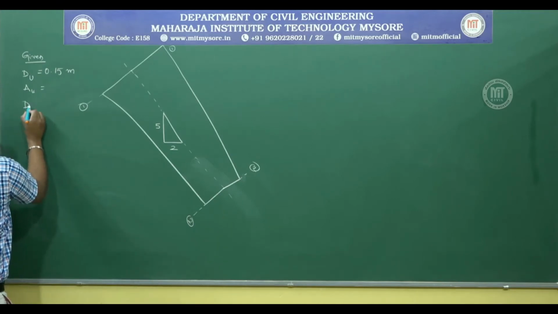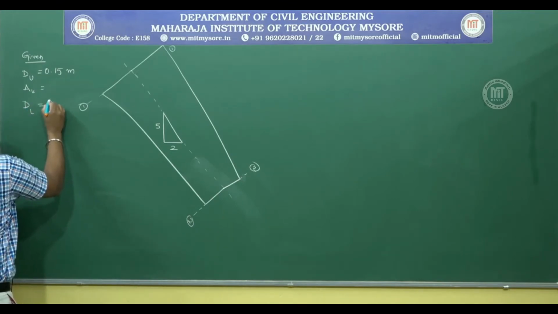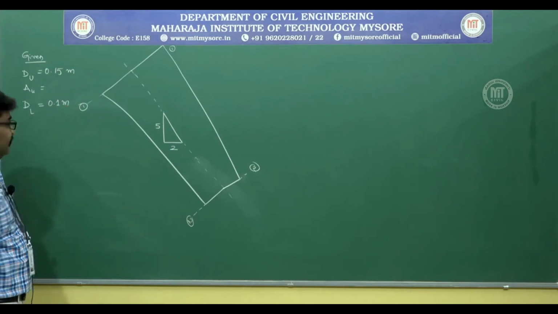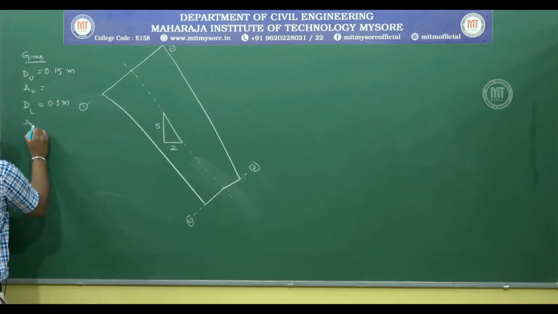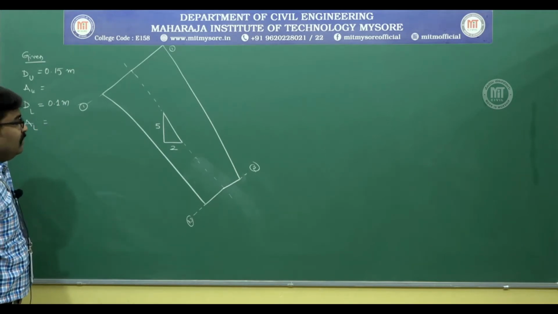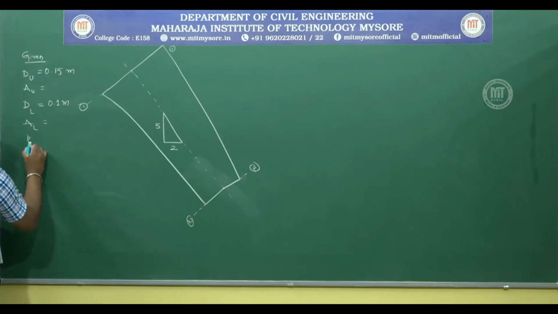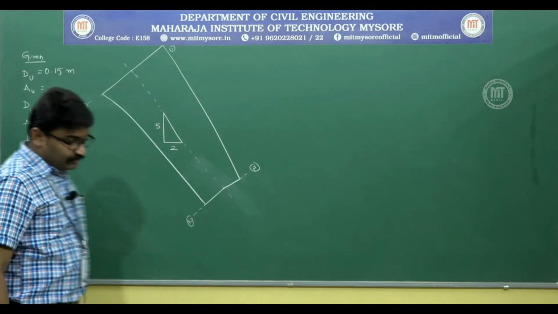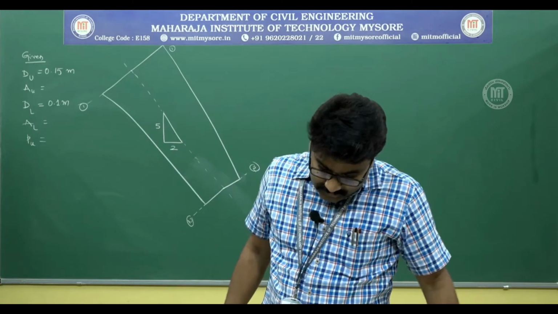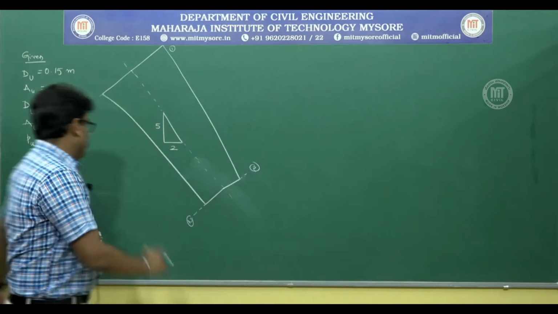Then you have diameter of the lower side as 10 centimeter, nothing but 0.1 meter. So get what is the area of the lower. Then what else is given? Pressure at upper and lower are given. Pressure at the upper side is 20 Newton per centimeter square.